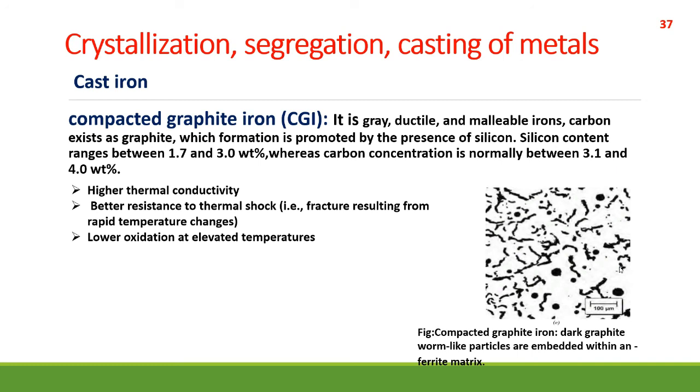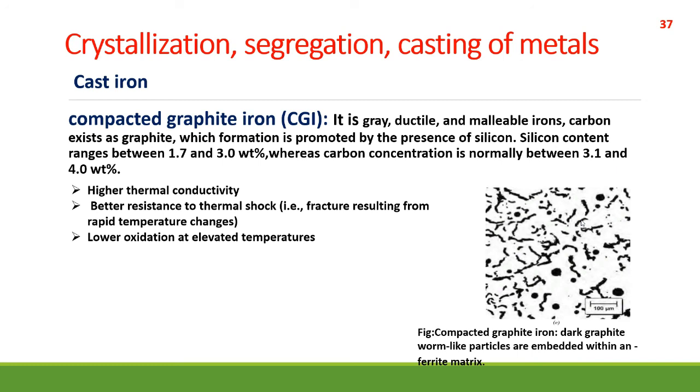So here you see the microstructure of compacted graphite iron, and it's worm-like. This graphite exists in a worm-like structure, and the properties, as well as the microstructure, are intermediate between gray iron and ductile iron.